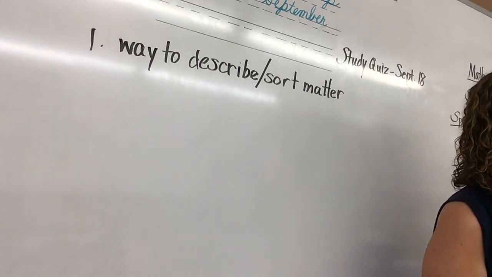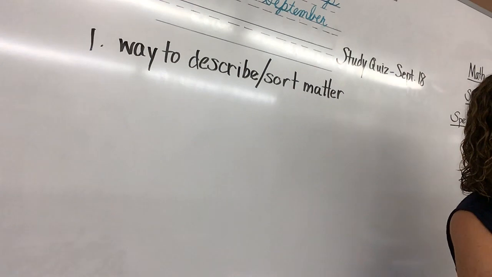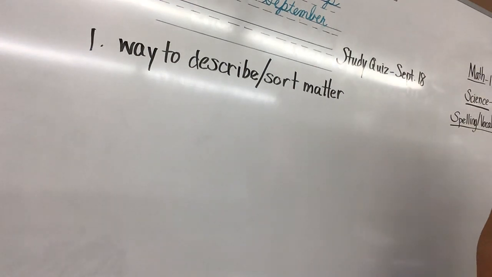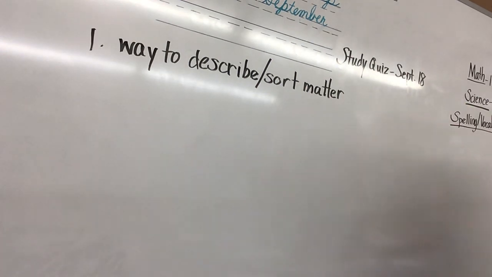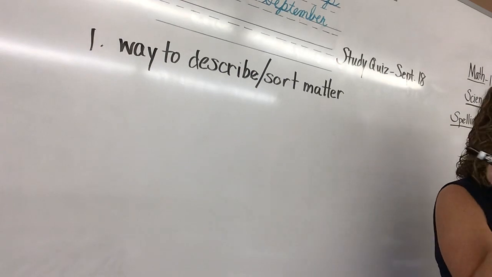Hardness of it. What if you're big, medium? Okay, but what do you call that? You're sorting it by? Nobody can remember? Properties. Remember it said properties? So ways to describe or sort matter is the property.